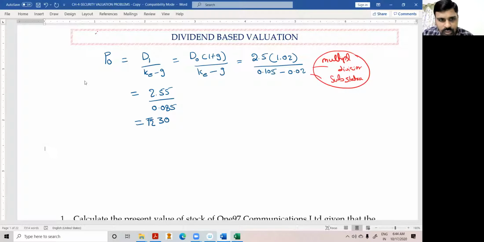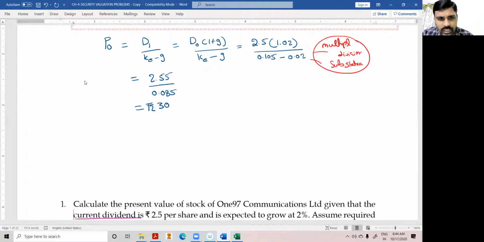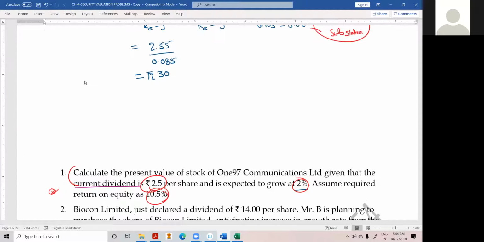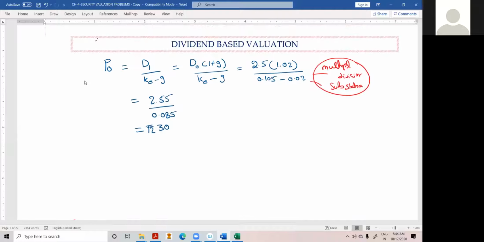Whatever is given in the question, in real life you have to find out these values. Once you find out the values, if you give those values to the software, it will throw that figure 30. So our skill is not just substituting the given figures into the formula, right?